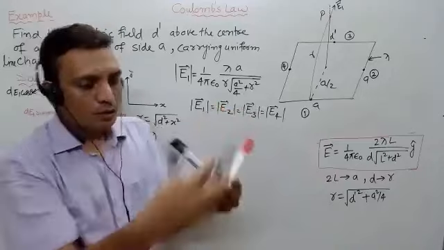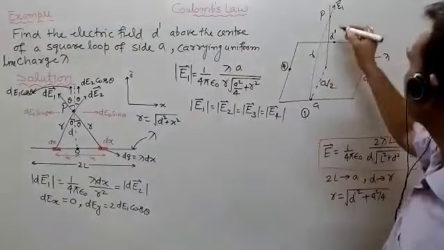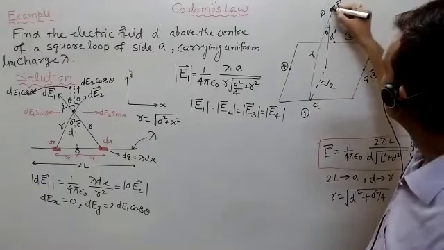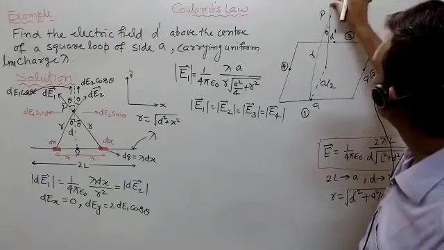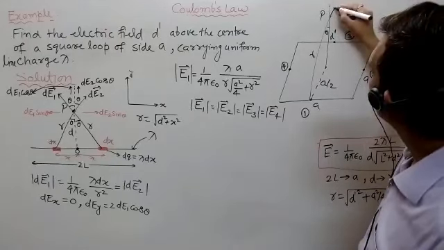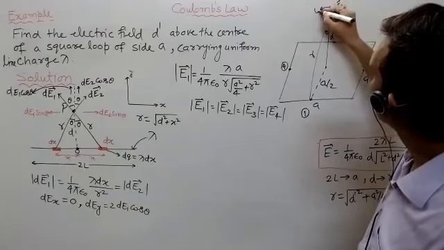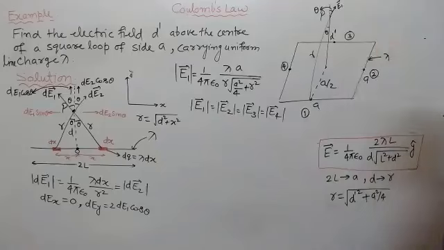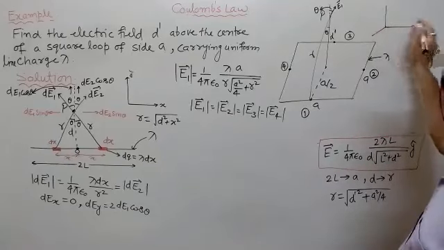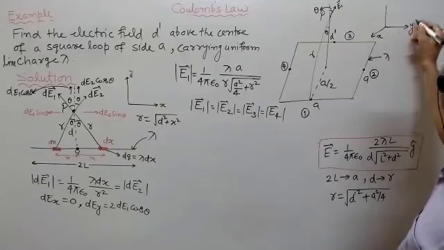Yes, sir. So now you can see, assume this angle is theta. So this angle is also theta. This is E1, so this angle is also theta. If you assume this loop is in the xy plane, take it as the xyz plane.